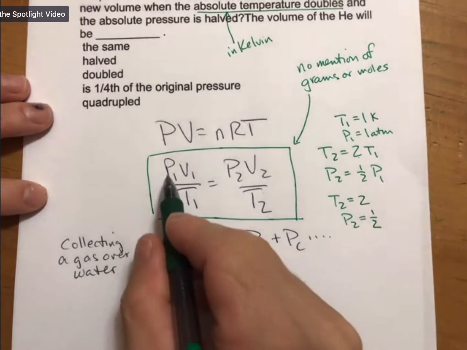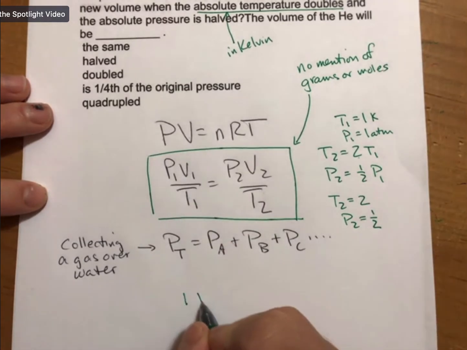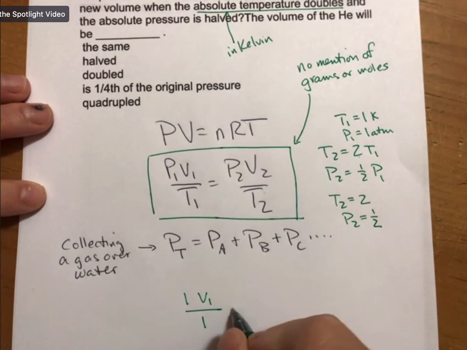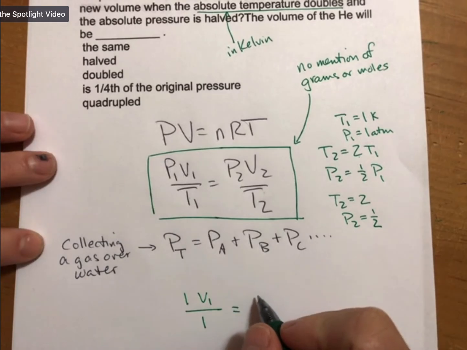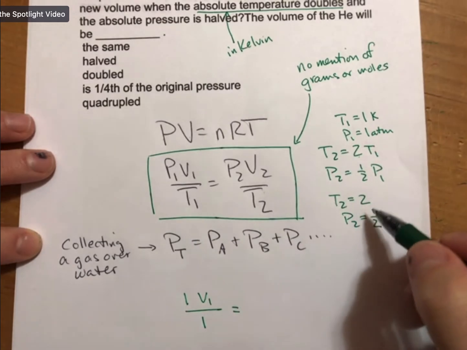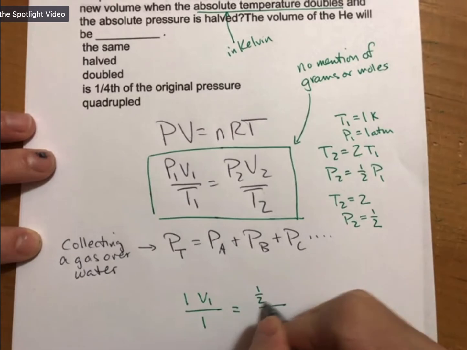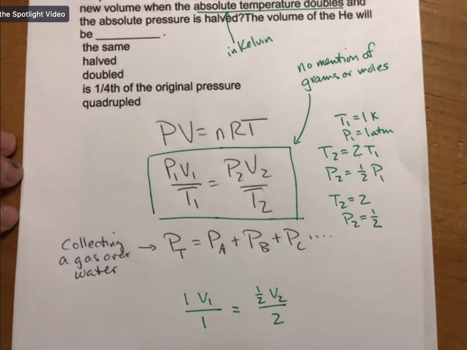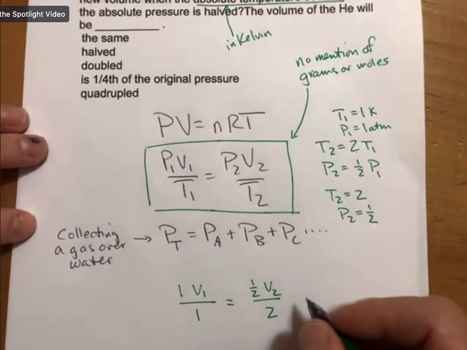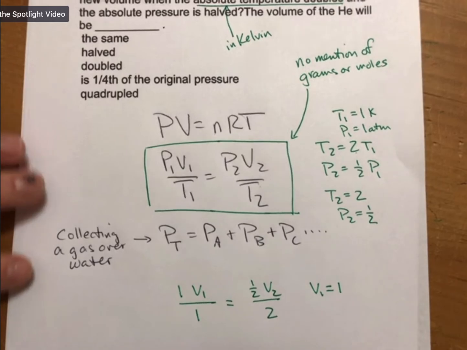Now I have P1 and T1 are both 1, and then T2 is 2, P2 is half, and V2. And actually, I'll go one step further because I like numbers, and I'll say V1 equals 1 as well.